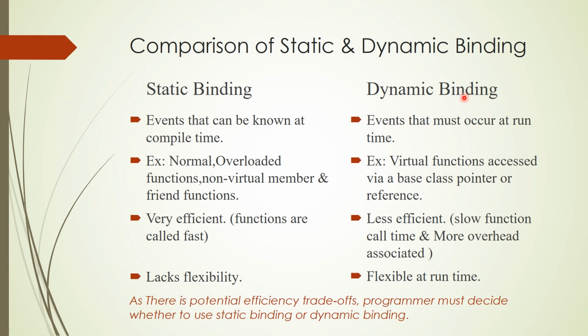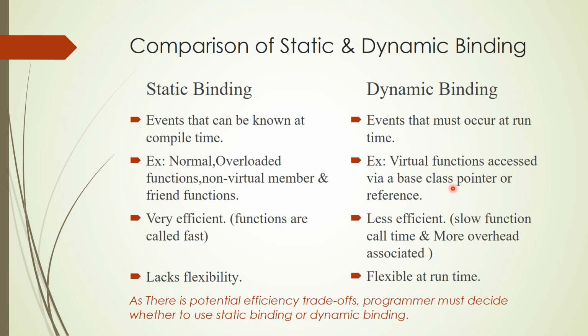Dynamic binding refers to the events that must occur at runtime. When a late bound function is called, the address of that function to be called is not known until the program runs. The example of this is virtual functions accessed via a base class pointer or reference. The function has to be virtual and it has to be accessed through a base class pointer or reference.